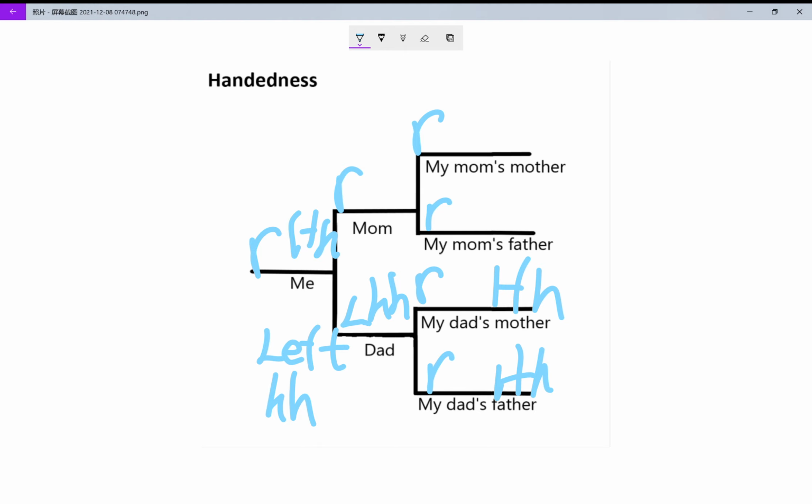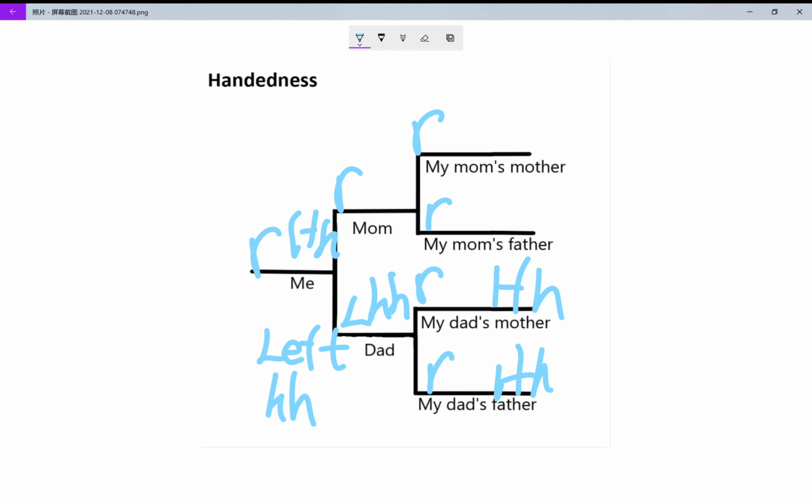Whichever it is, my kids can roll their tongues or cannot. Both kinds of traits are possible.